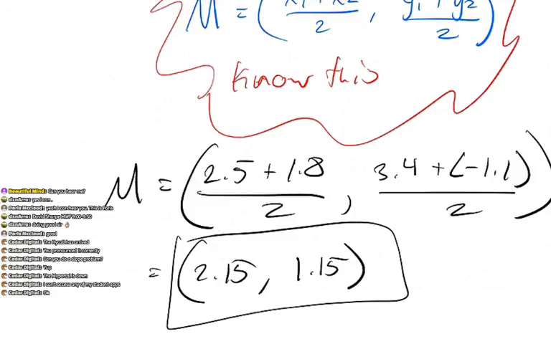Are they changing the questions on me? Okay, this is good. I was just typing in the wrong spot. Okay. So then we said 2.15 and 1.15. All right, so that was good.